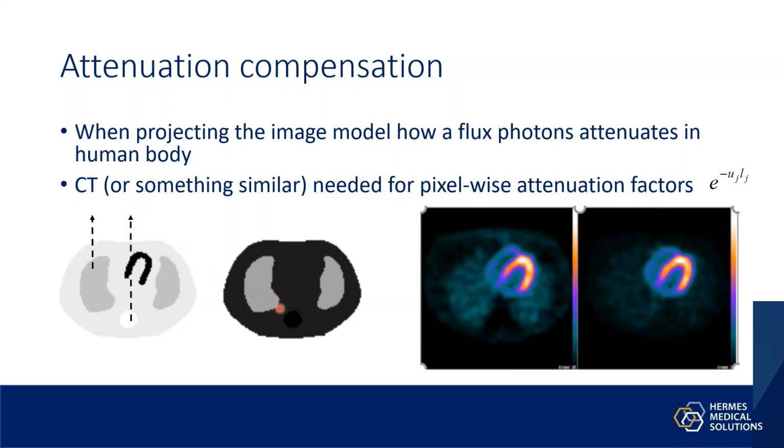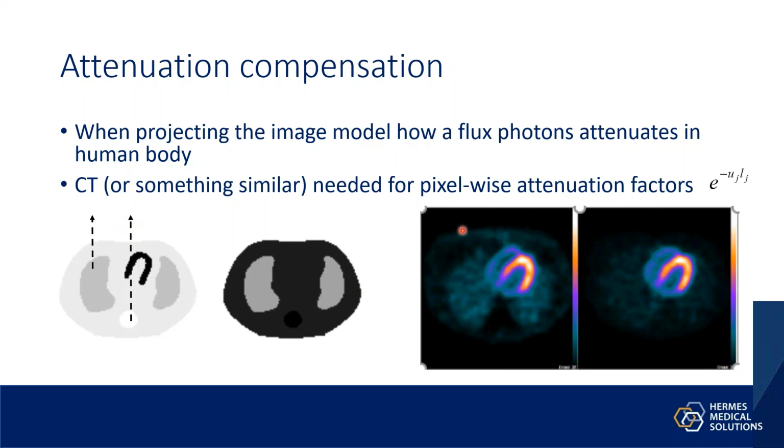We get the attenuation values from the attenuation map in here. Nowadays, because we have these hybrid scanners where we have a combined gamma camera and CT, we can get the attenuation maps quite easily. But attenuation can simply be modeled using this exponential equation, and we just check how the photons attenuate when we form the projections.